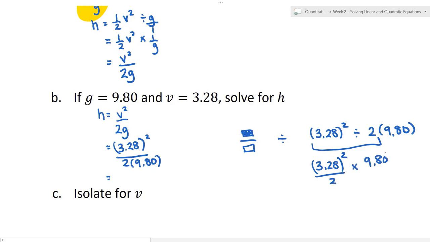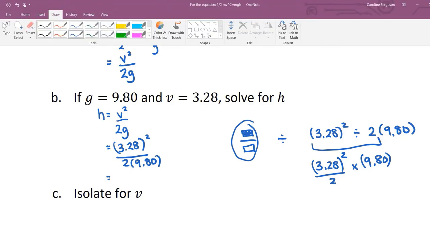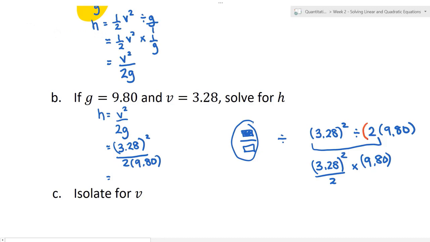It doesn't understand that the 9.80 is actually in the denominator. So if your calculator doesn't have a button like this and you're using this division button, you're going to need to remember to put in an extra set of brackets here, telling your calculator that you want to divide by 2 times 9.80. You want it to be in the denominator.